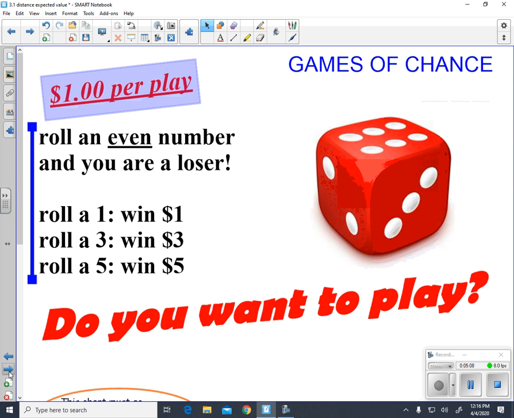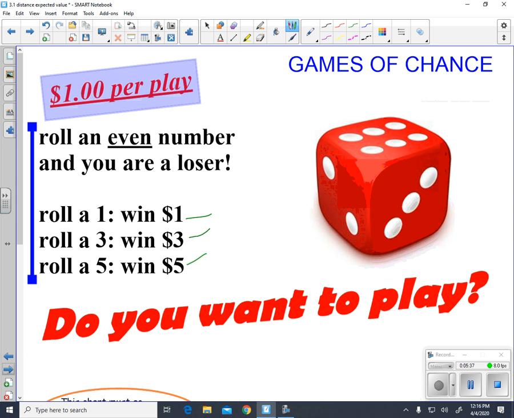It costs you $1 to play the game, and all you do is roll that great big red die. If you roll an even number, you just lose the dollar it costs you to play. But if you roll a 1, a 3, or a 5, you win either $1, $3, or $5.